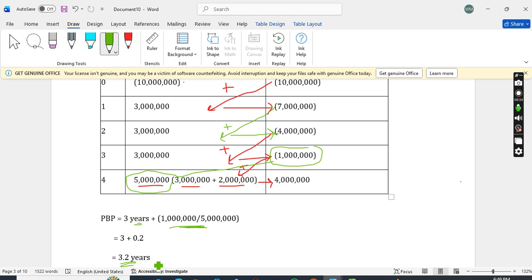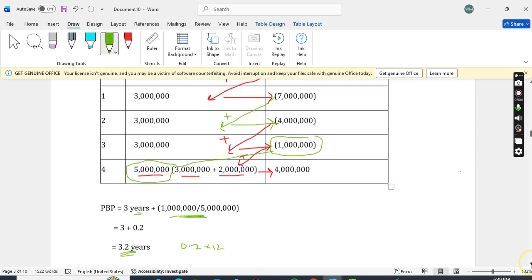If you want to get it in months, you just say this 0.2 times 12 months. What is 0.2 times 12? 3 years and 2.4 months.